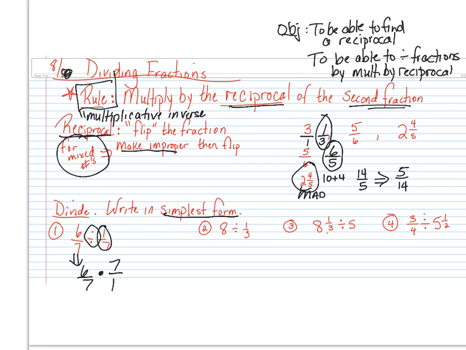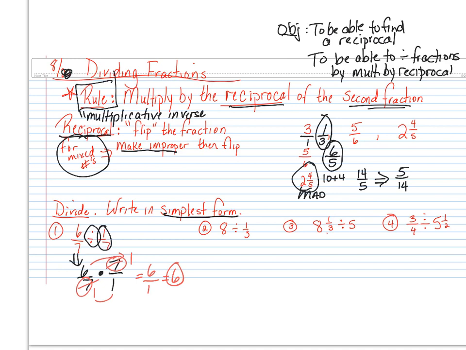Now we're back to what we were doing the other day. Remember, cancel if you can. I see that there's a 7 in the numerator and a 7 in the denominator. I'm going to divide them each by 7, and that's 1 and 1. Now multiply straight across. 6 times 1 is 6. Over 1 times 1 is 1. 6 over 1 is the same as 6.